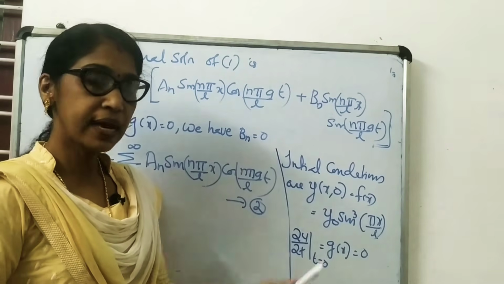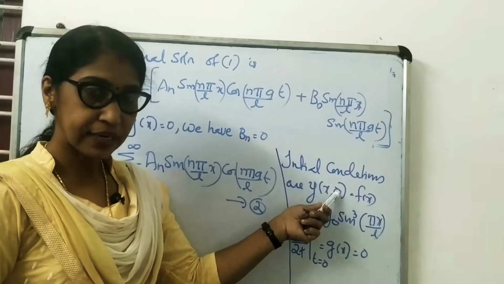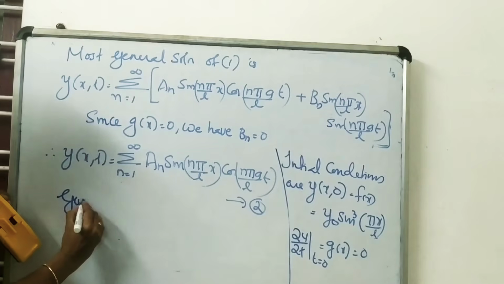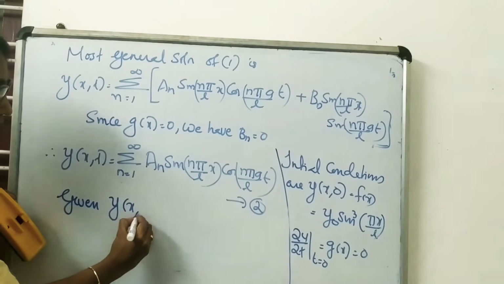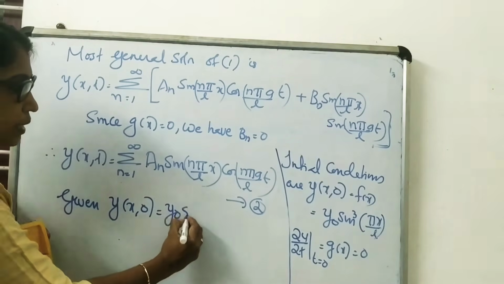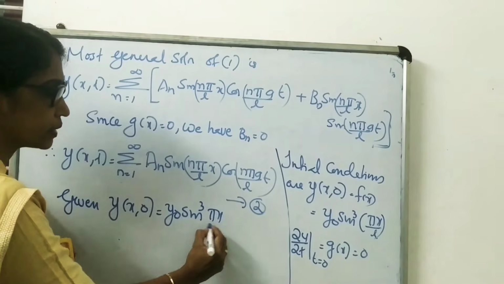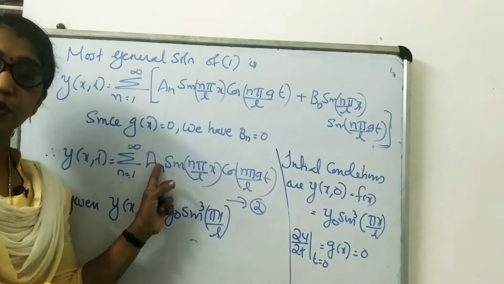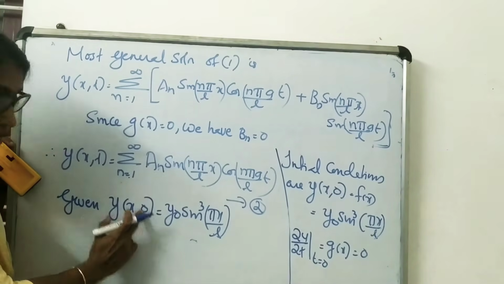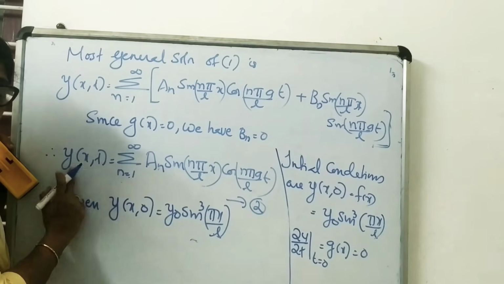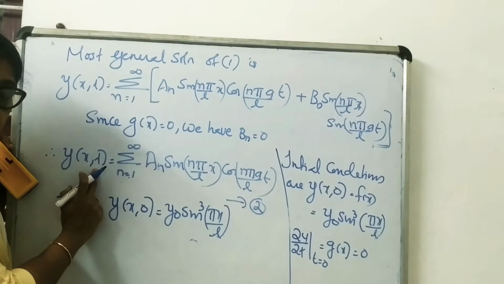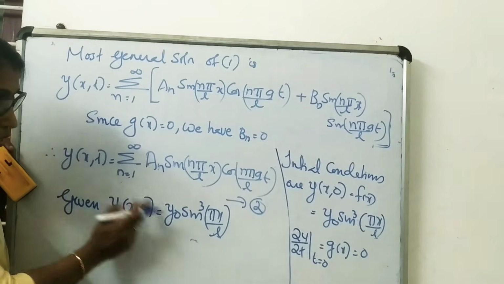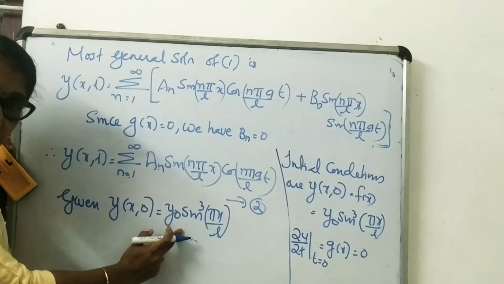So for that I am putting this condition in this equation. Given y(x,0) is equal to y0 sin cube(pi x / l). Now putting this condition in equation number 2, when t is equal to 0, y(x,t) becomes y(x,0).